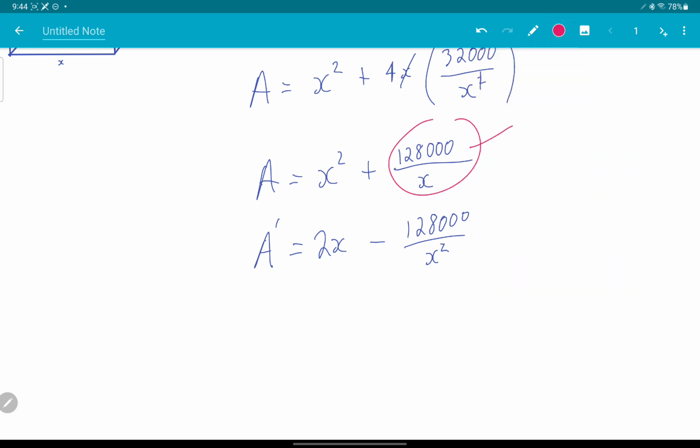Okay, just to give you the details here, this is 128,000 x to the minus 1. So when you do a derivative, this minus 1 comes down, and it becomes minus 128,000 x to the minus 2. That's what I got here.